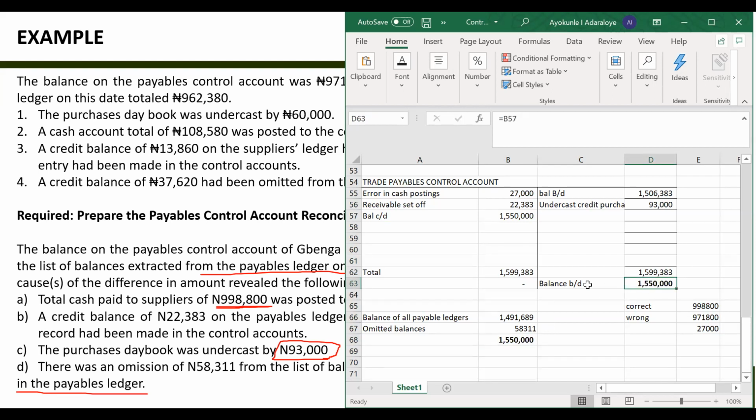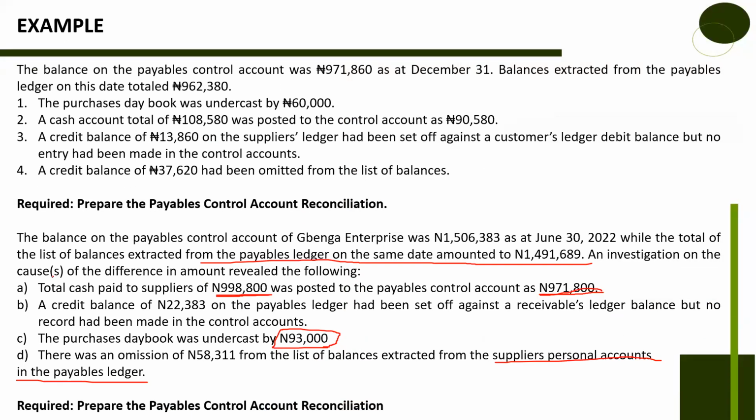Now we find out that the total amount we are owing is 1,550,000. If you look at this other question, the information is almost the same. The purchase day book was undercast. A cash account total of 105 was posted to the control account as 9,500.